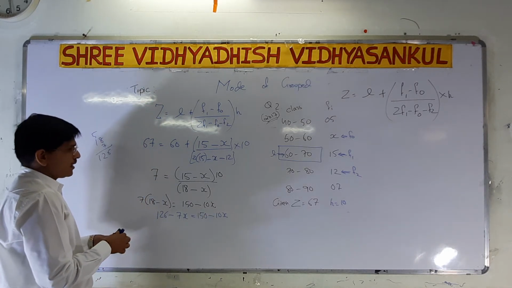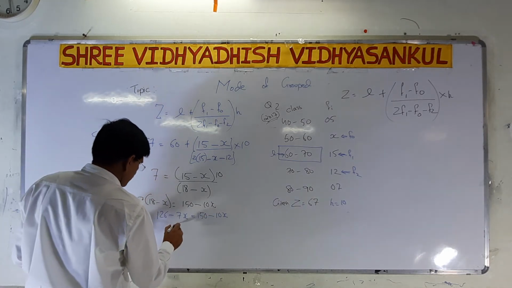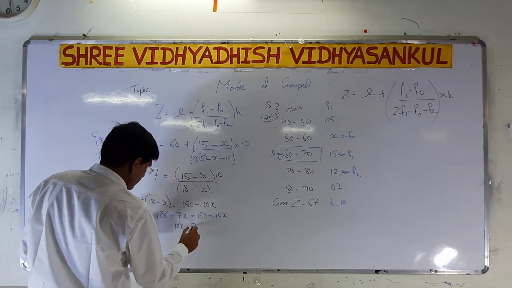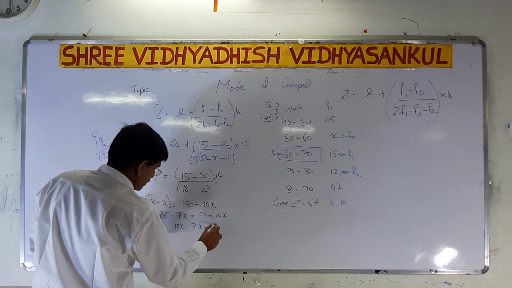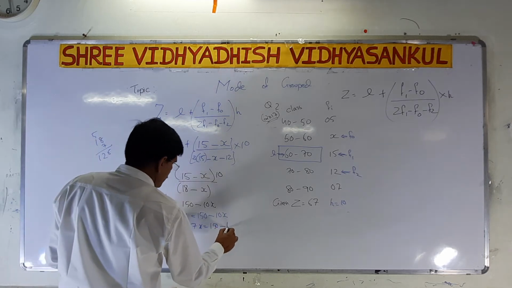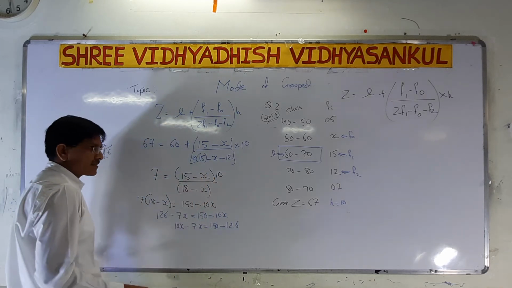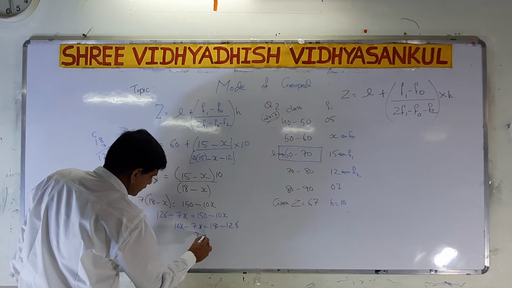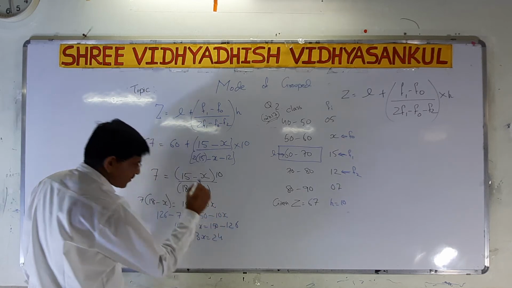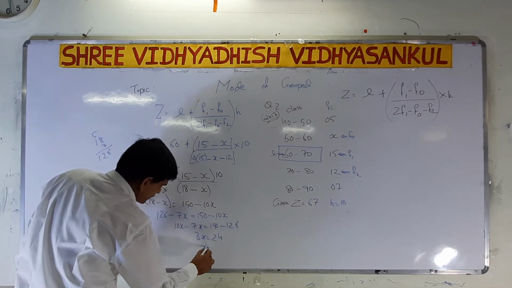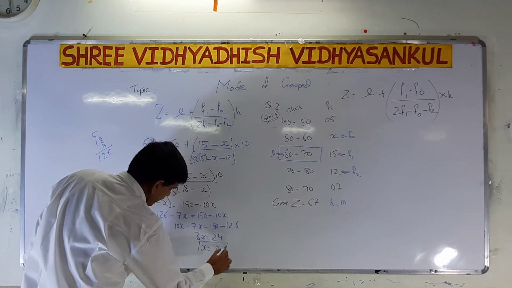Now 10x minus 7x is equal to 150 minus 126, so 3x is equal to 24. Therefore, x is equal to 8.